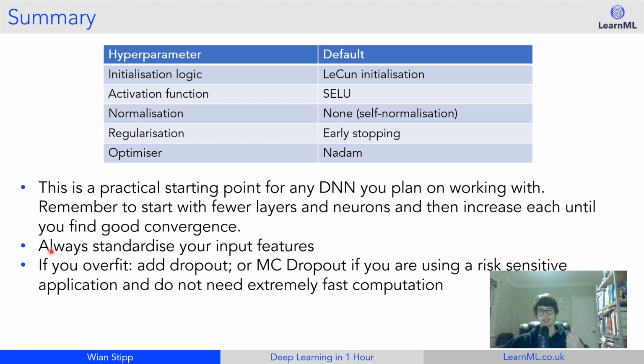Things to note: always standardize your input features. Never don't do that, because if you think about the loss surface, you want this to be as smooth as possible for your model to learn. If you don't standardize your input features, you end up having some inputs that are very large, like you saw in the California housing prices.